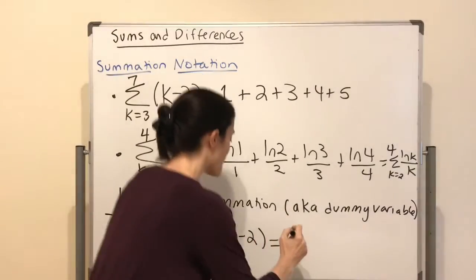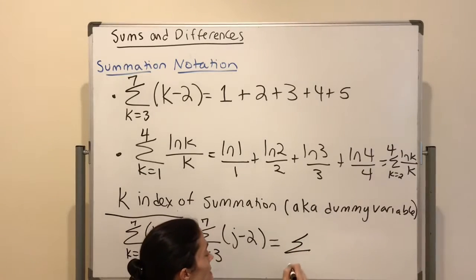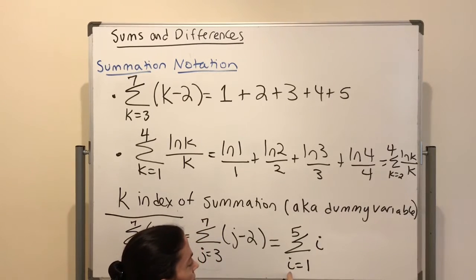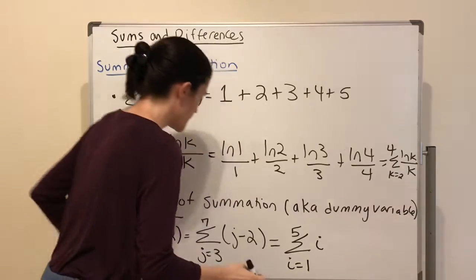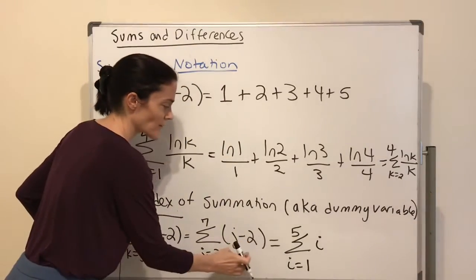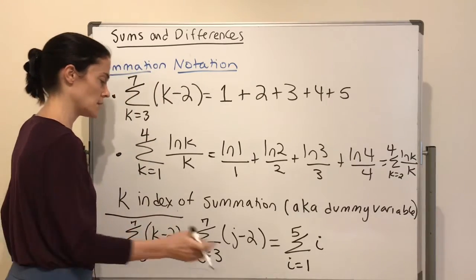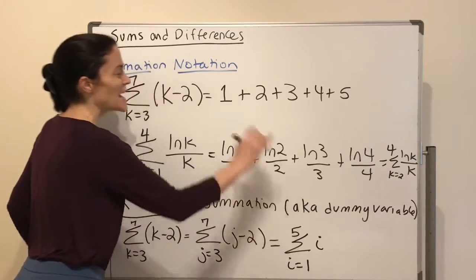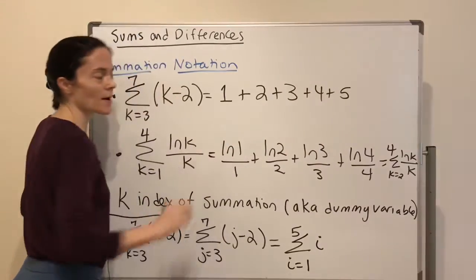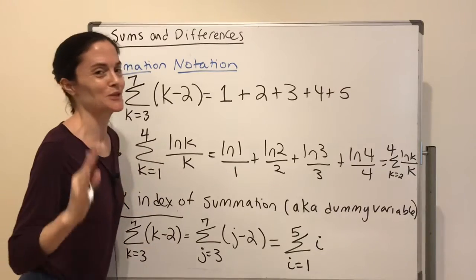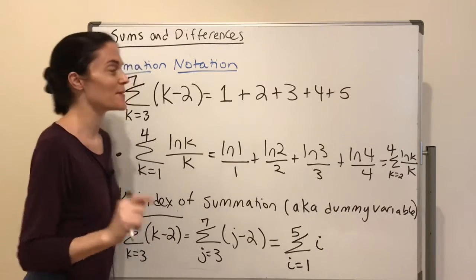So this is a sum, let's say i equals 1 to 5 of just i. And here the index of summation is i, this one is j, and technically going from here to here is something called reindexing, where you start at a different place, but the terms that you add up are exactly the same, right? All three of these are just 1 plus 2 plus 3 plus 4 plus 5.